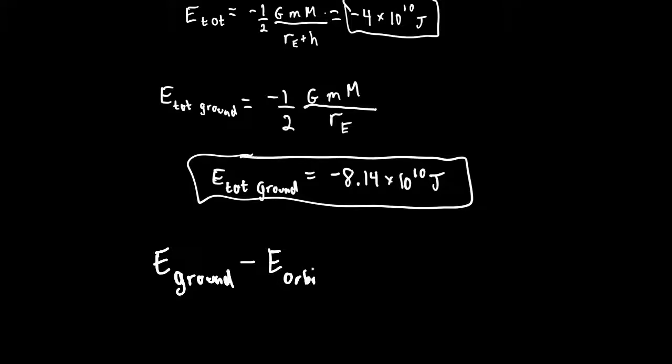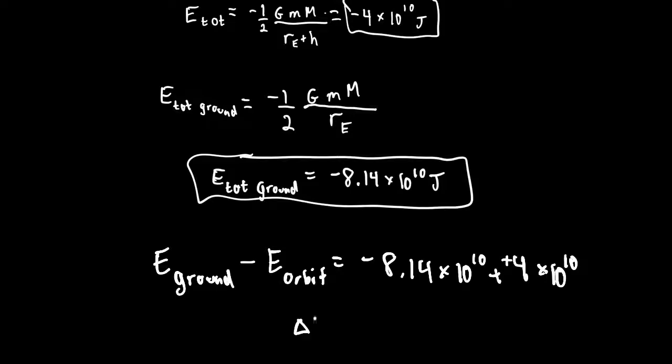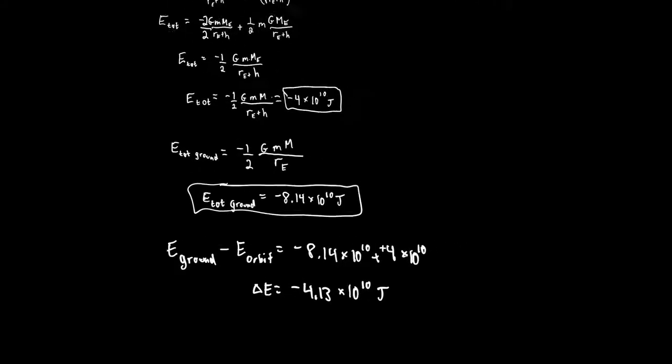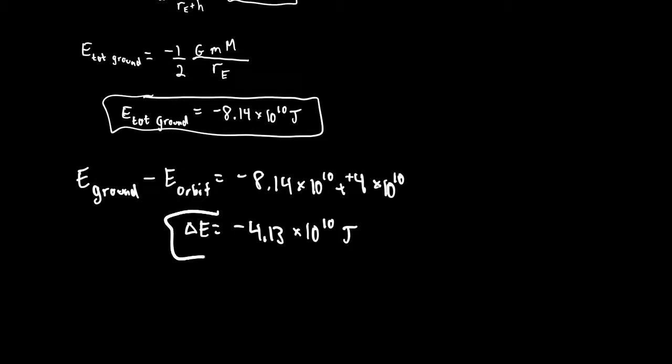So it's negative 8.14 times 10 to the 10 minus negative 4 times 10 to the 10. Take that difference, and your change in energy will be negative 4.13 times 10 to the 10 joules. It's going to be negative because your energy is being lost.